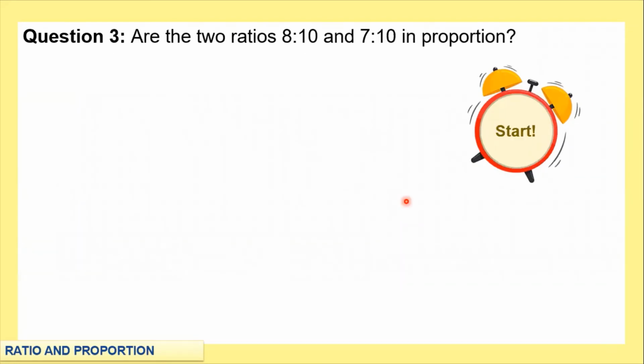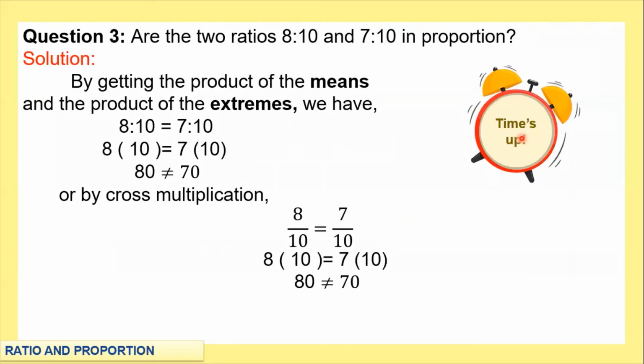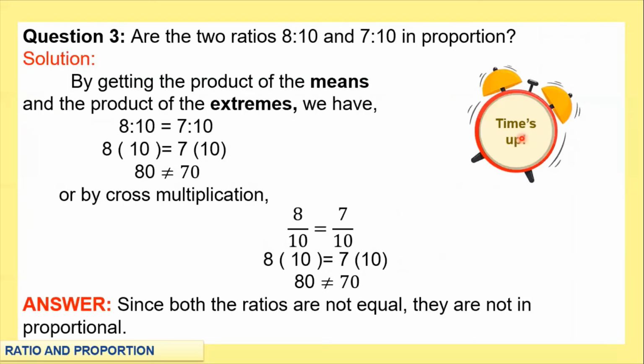Question number 3. Are the two ratios 8 is to 10 and 7 is to 10 in proportion? Timer starts now. Time's up. The answer is, they are not proportional, or they are not in proportion.